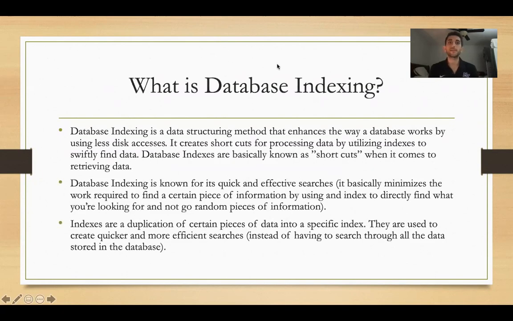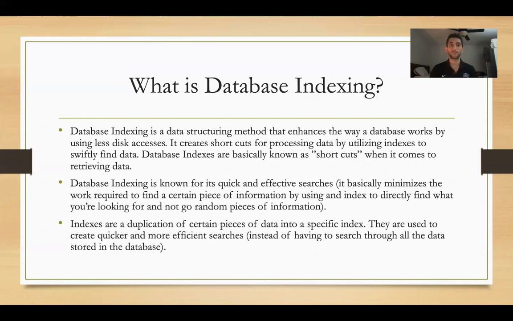So what is database indexing? Database indexing is basically a method that helps the database use less disk access whenever finding certain pieces of data by using indexes. So what that means is an index is created through a technique that takes you directly to exactly what you're looking for instead of looking through all the data to find what you need.